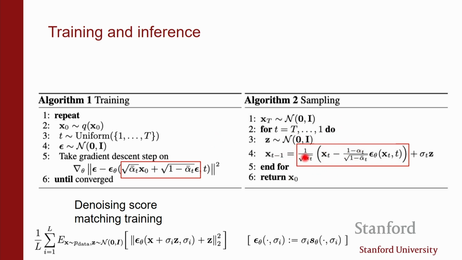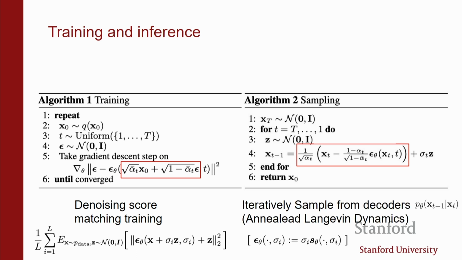You start from pure noise, same as score-based models, and then at every step you follow the gradient, which is epsilon theta, and add a little bit of noise, because that's what you're supposed to do if you were to sample from a Gaussian p of xt minus 1 given xt. So the sampling procedure you get by iteratively sampling from these denoisers is very similar to Langevin dynamics.